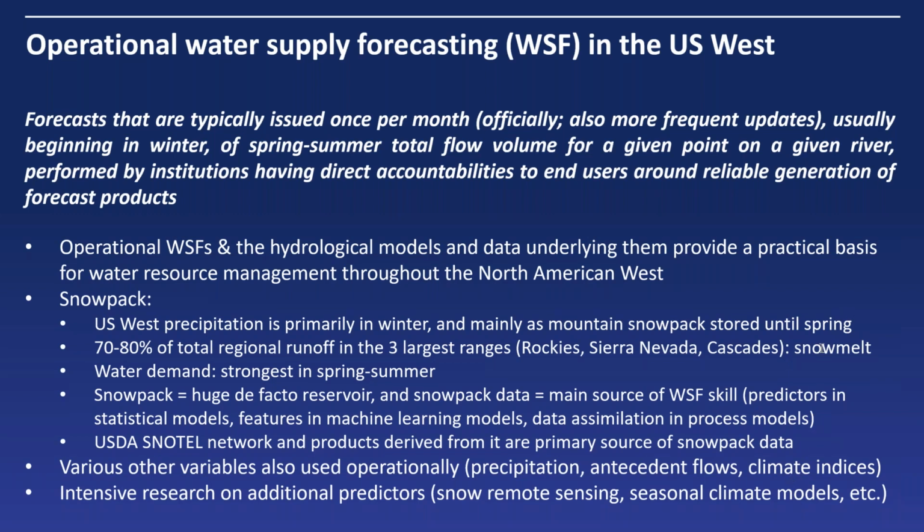That process usually starts in winter, and the predictions are made of spring-summer total flow volume for a given point on a given river. And by operational, we mean that it's being performed by institutions having direct accountabilities to end users around generating these forecast products and doing it accurately. The primary basis for doing that in the Western US certainly is snowpack information, but there are a bunch of other things as well.